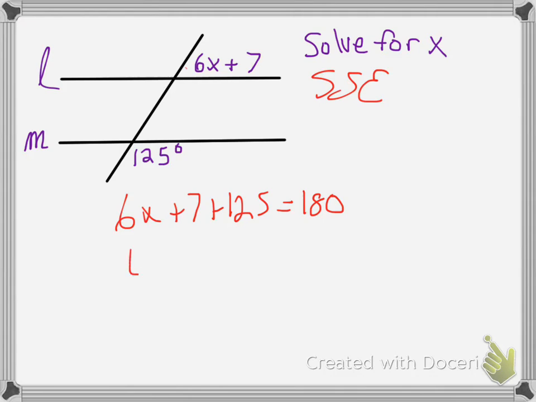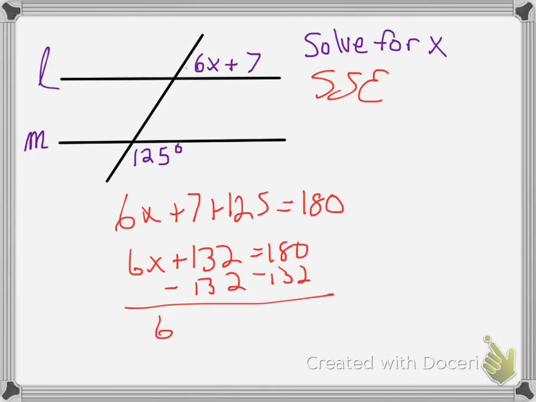So 6x plus 132 equals 180. Going to subtract 132. That gives me 6x equals 48.